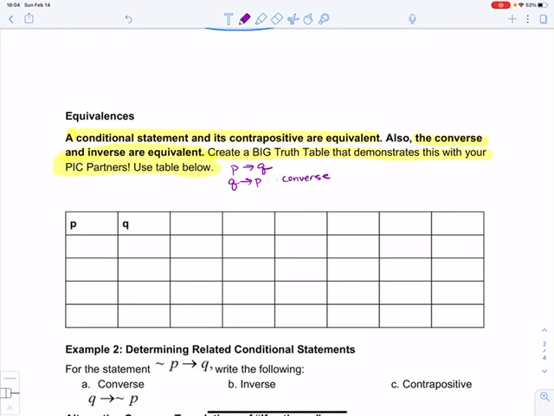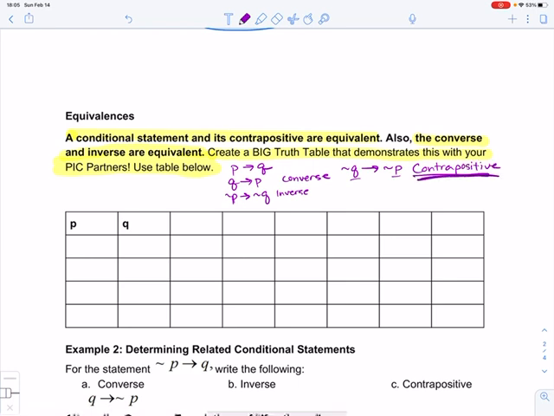And then we have its inverse, which is negating the P implies Q. So this becomes not P implies not Q. So that's the inverse. And then the last thing, what is the last thing? What do we do? If you said out loud, we flip P and Q and then negate them, and we have the contrapositive, then you would be correct.